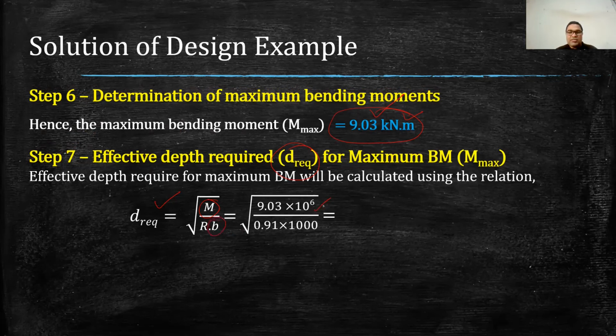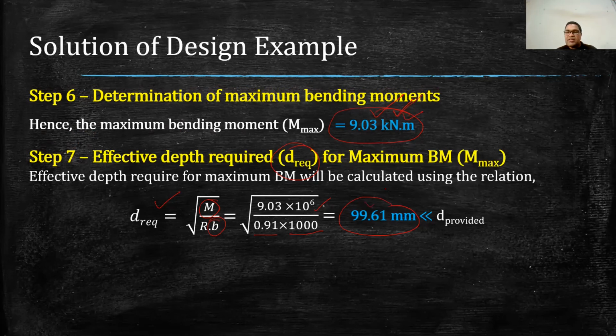And width is 1000 because we are designing our slab as a unit strip, and the value of R is the design constant that we have calculated in step 1. So putting all the values, we get the value of D required as 99.61.